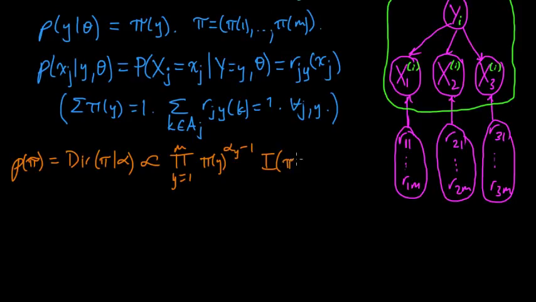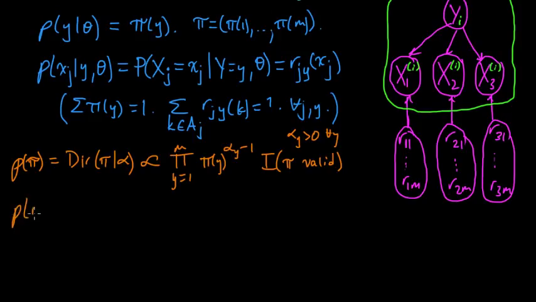The indicator that pi is in the probability simplex. Let me just put pi as valid to indicate that it's a PMF. And here, each of these alphas is strictly positive. So alpha y is strictly positive for all y. This is just a vector of alphas from 1 to m.